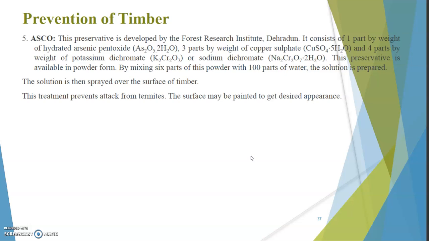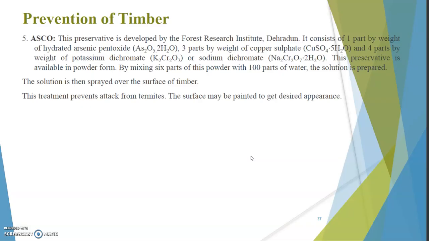If you apply this solution, it will be a better replacement for creosote oil, because creosote oil is a coal based product, and using it in a closed atmosphere with manual labor is a highly health hazardous process.